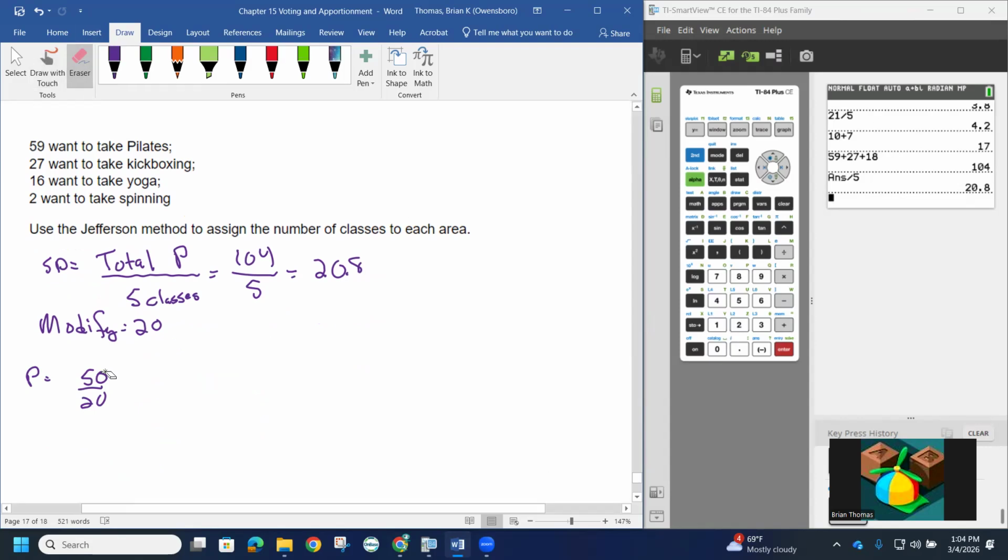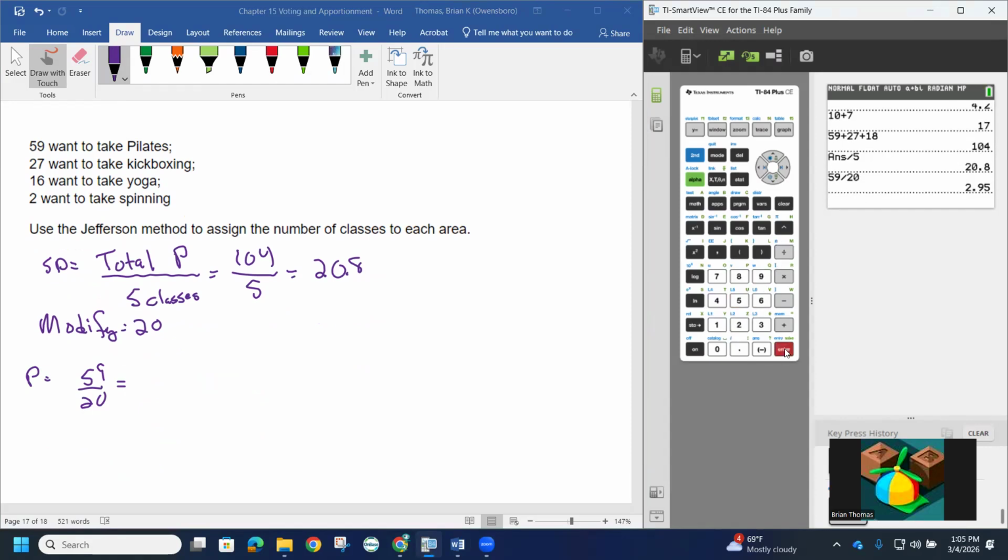That gives us 2.95. But remember, we have to round this down, so this is going to turn into 2. So 3 classes almost made.